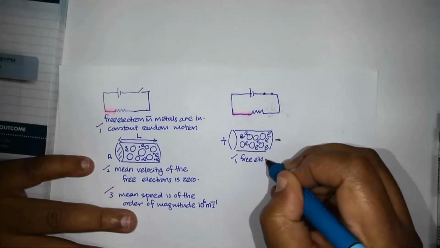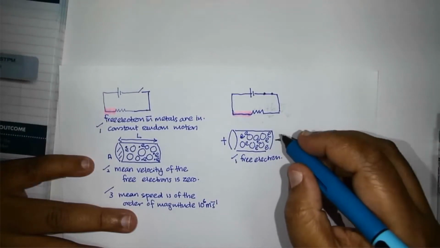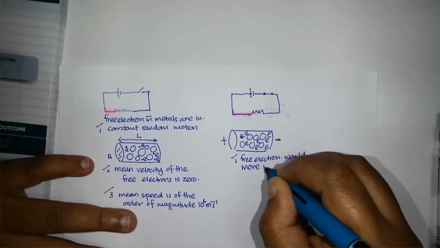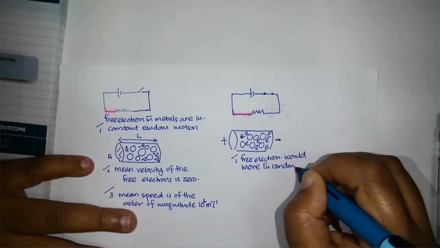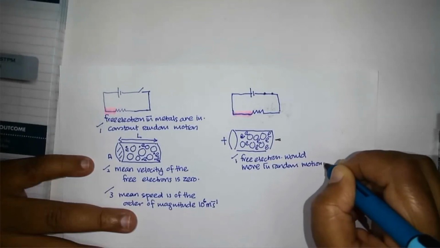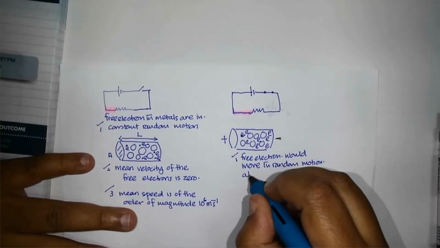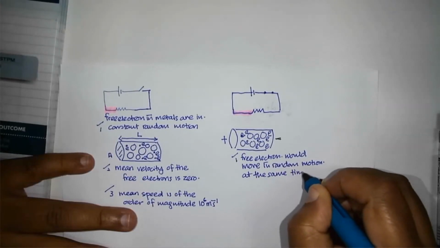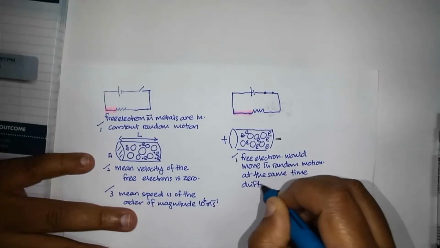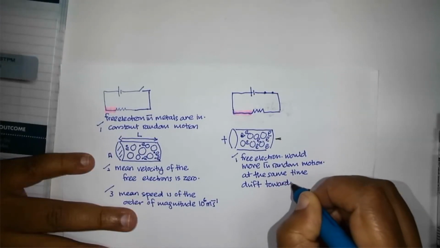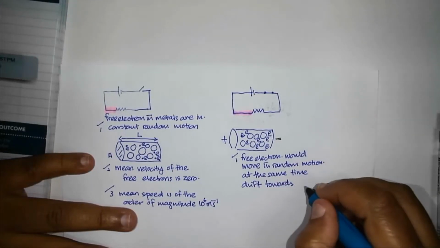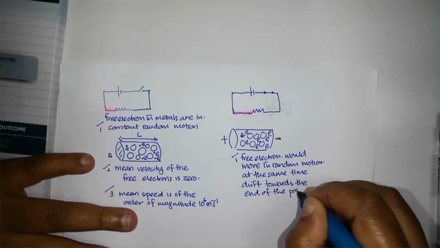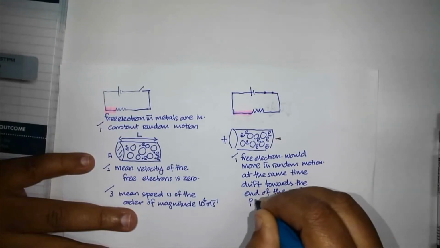The free electrons will move in random motion and at the same time drift towards the end of the positive potential.